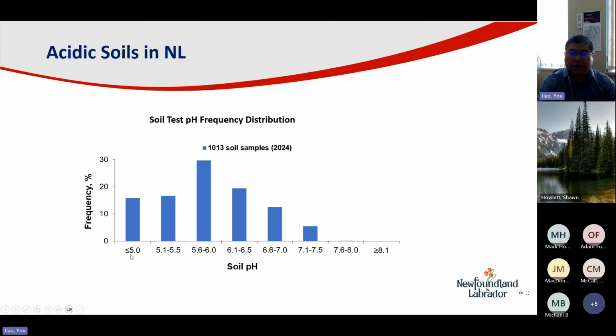You can see many are below 5, 5.1 to 5.5, and 5.6 to 6, and fewer samples are at the higher pH level. So acidic soil is the natural soil. That's basically the soil genesis and formation, which Sean has talked a lot about, what Mother Nature gave us.